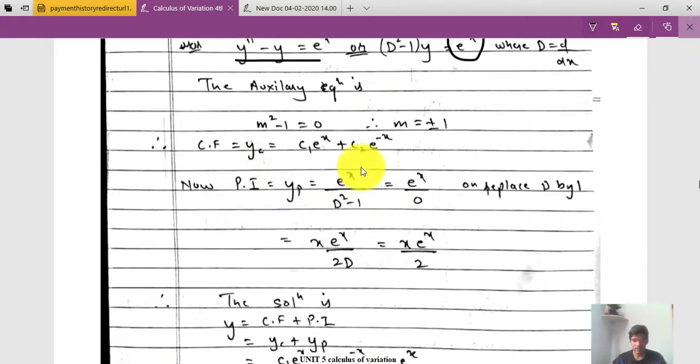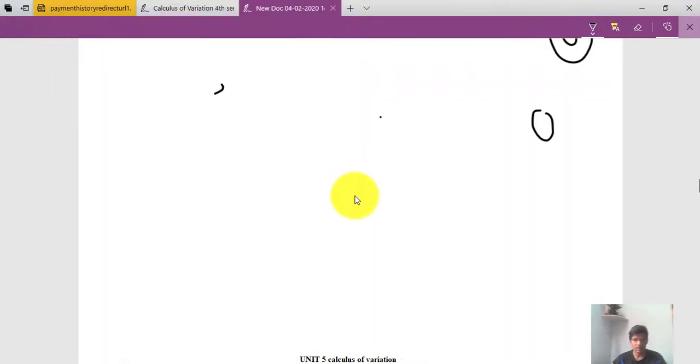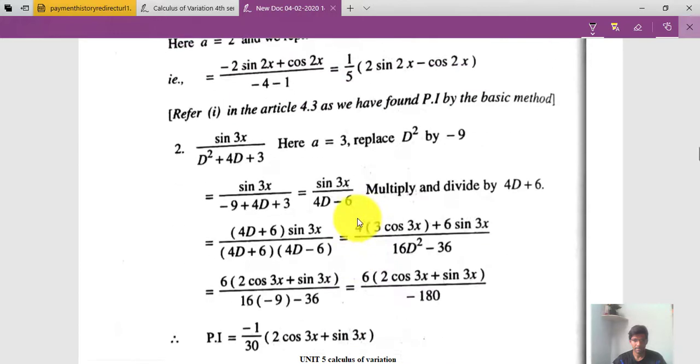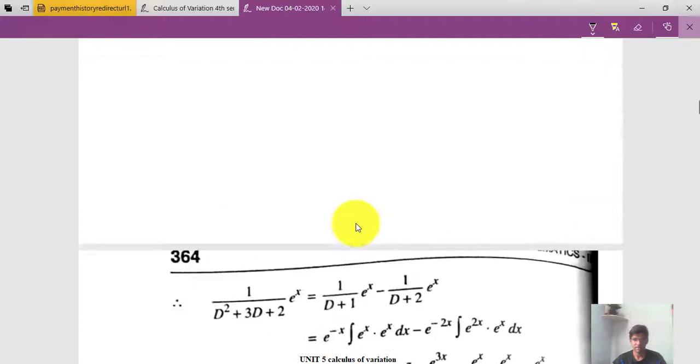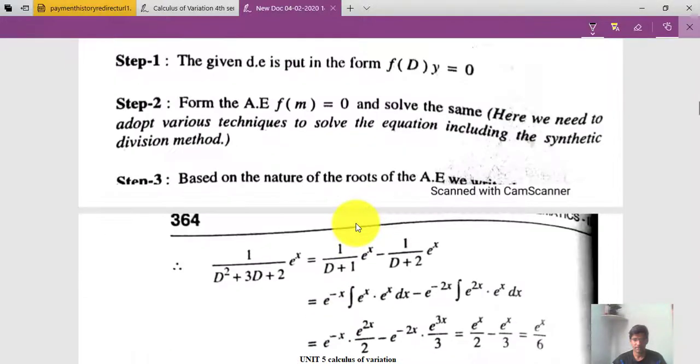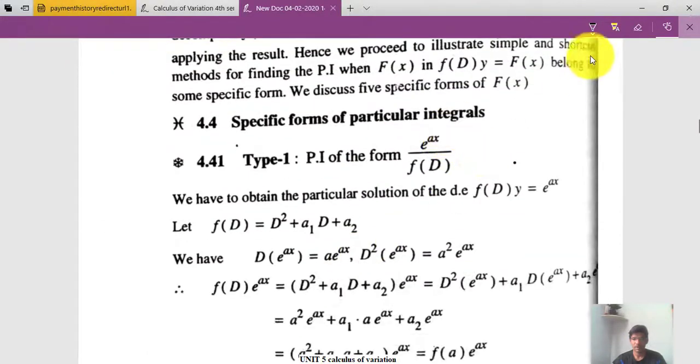Now the particular integral is also one of the standard forms in differential equations. That is e raised to x divided by d square minus 1. For any given equation of the form e raised to ax, you replace d by a.